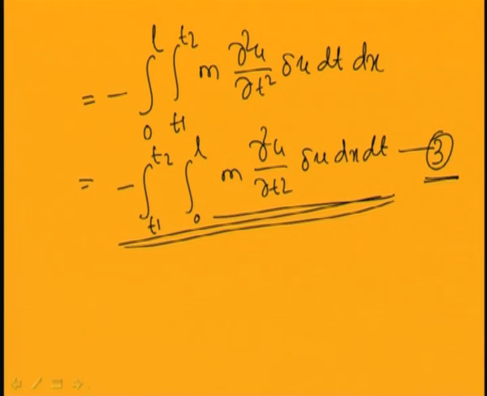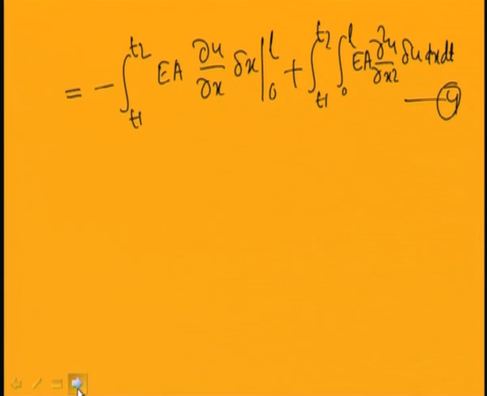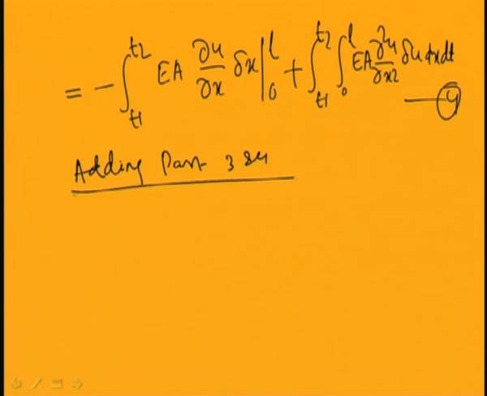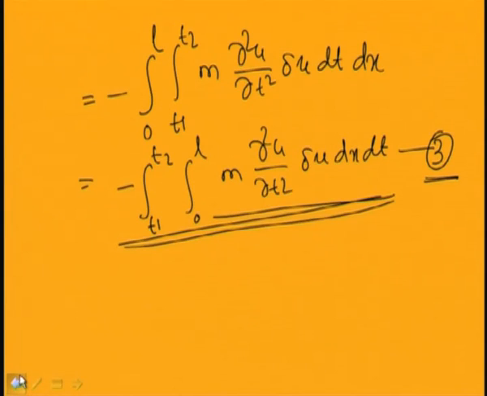So, applying this Hamilton principle, I can add parts 3 and 4. Adding parts 3 and 4, I can write T1 to T2, 0 to L, minus. In this case you can see this term equal to minus m del square u by del t square.